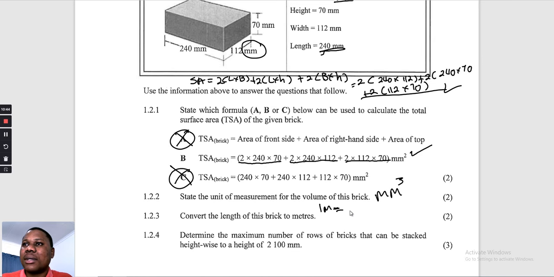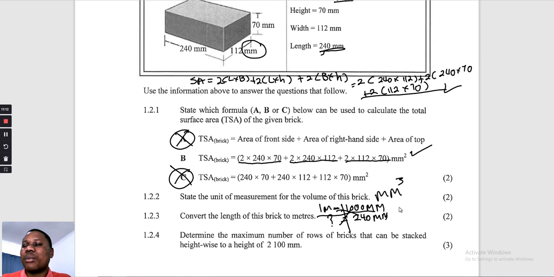According to the metric system table, 1 meter is equal to 1000 millimeters. So we are going to check which side we are given. We are given the right, which is 240 millimeters. So we put a question mark because we don't know how much 240 millimeters is in meters.